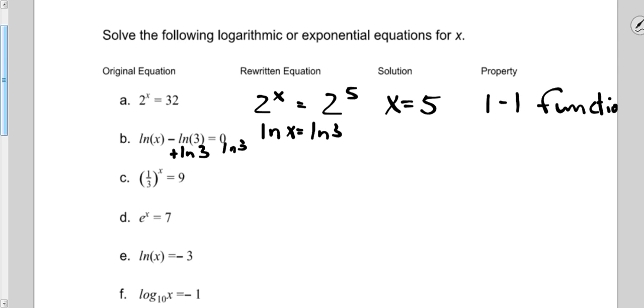So what does x equal here? And why does it equal 3, Kane? What property am I using? It's also a one-to-one function, right? So if the natural log of x equals the natural log of 3, then it stands to reason that x equals 3. One-to-one. Yep.